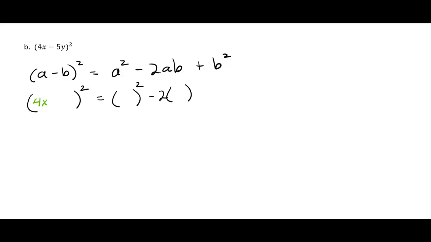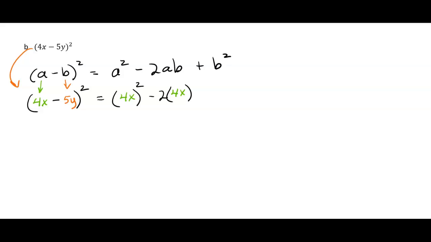So a appears twice on the right if you're using the formula. I'm going to put a 4x here for that a and a 4x here for that a. Then it's going to be minus, and my b is a 5y this time. I'm taking this problem from up here and aligning it with the formula, so my a was 4x and my b was 5y.